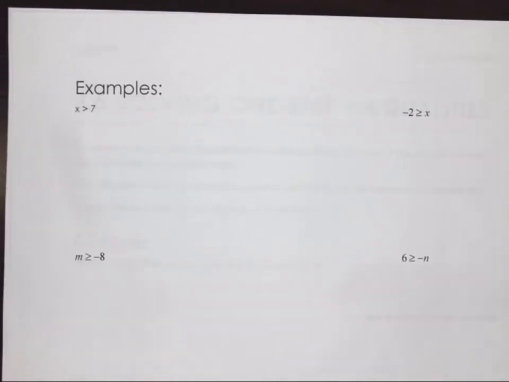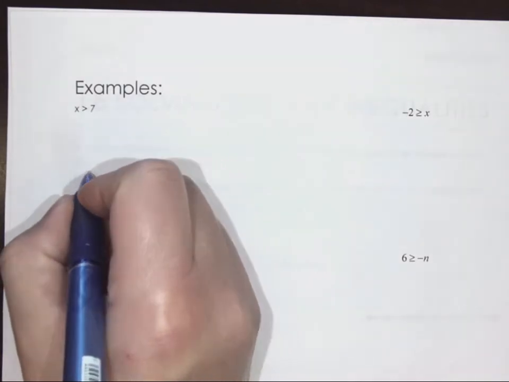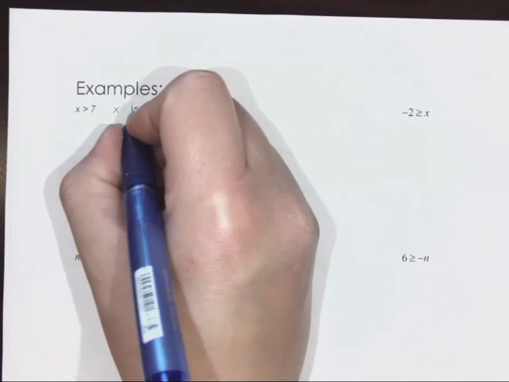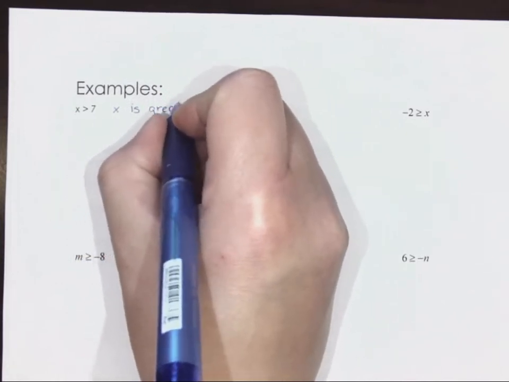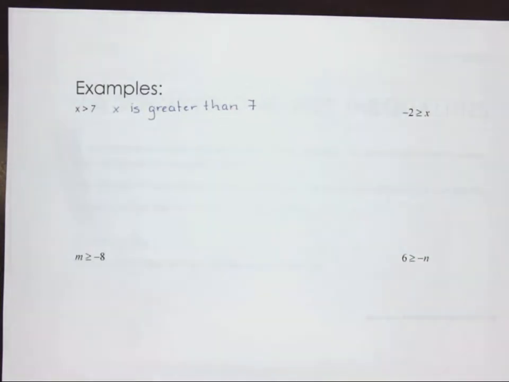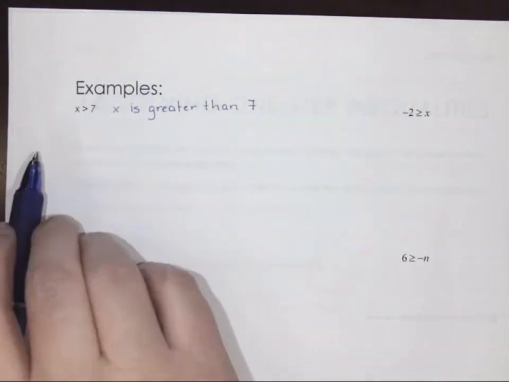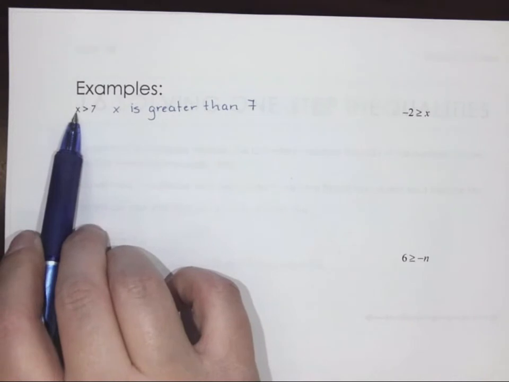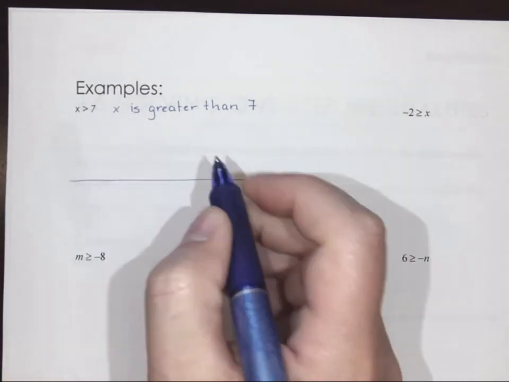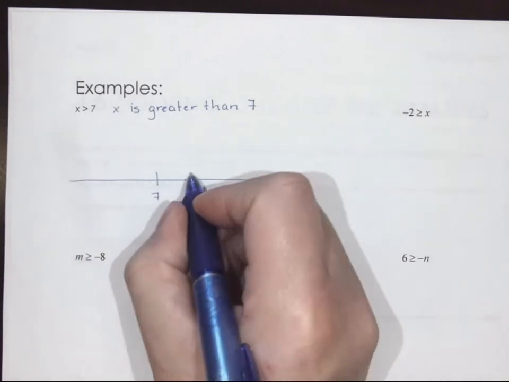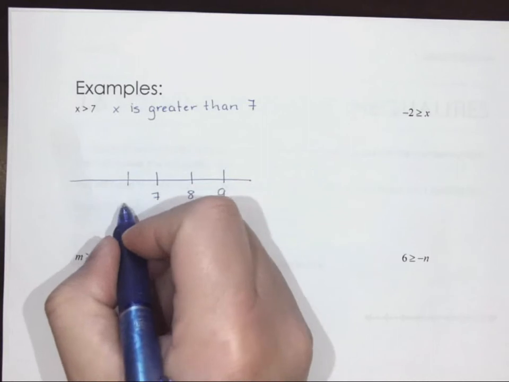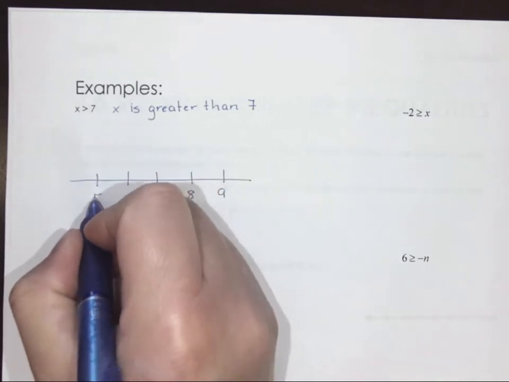Green didn't make much sense. All right, maybe I'll grab my red one. Okay, so number line. This is going to say x is greater than 7. I'm writing it out in words because that makes sense to me. I read it like a sentence. X is greater than 7. Okay, so I draw my number line. I start with 7 in the middle, values above it on the right, values below it on the left.